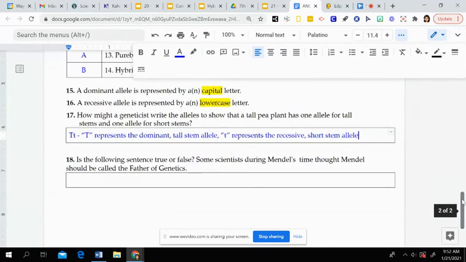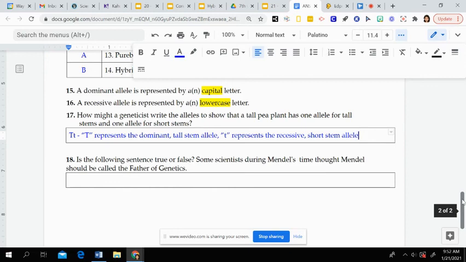Then our last question, question 18, is the following sentence true or false? Some scientists during Mendel's time thought Mendel should be called the father of genetics. If you read through the last section on page 115, it says at the end that unfortunately the importance of Mendel's discovery was not recognized during his lifetime.